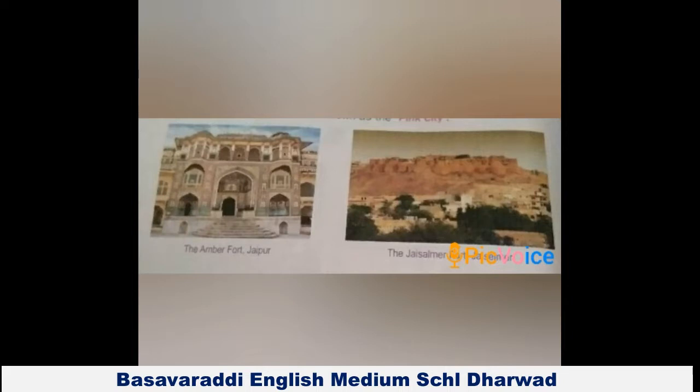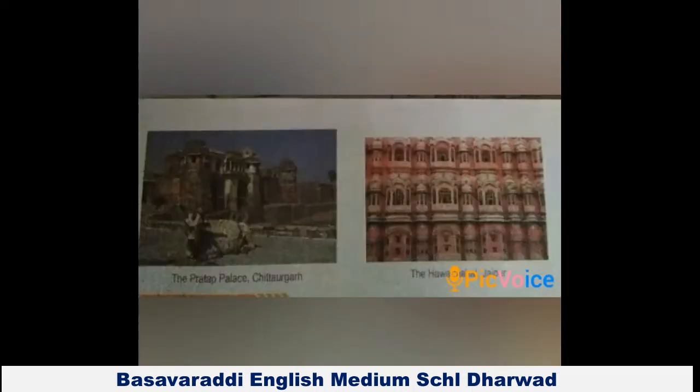I will show one more interesting fort. Because of the buildings and forts, for example, Palace on Wheels and Bikaner, Jodhpur, Jaipur, Jaisalmer, these are the interesting and attractive tourist places of Rajasthan.